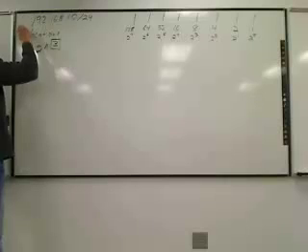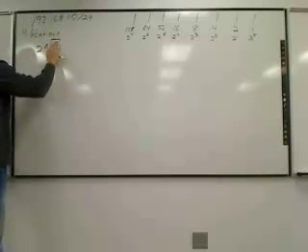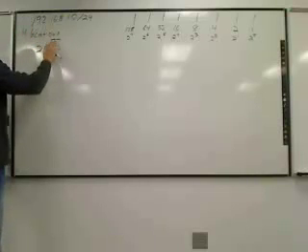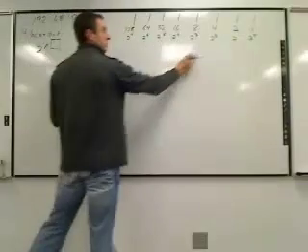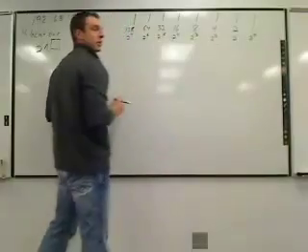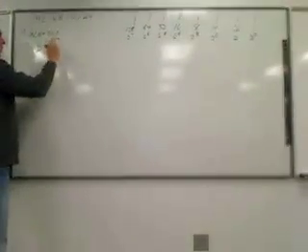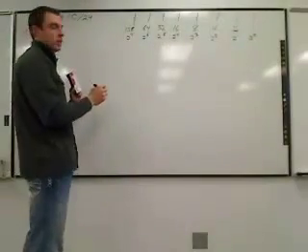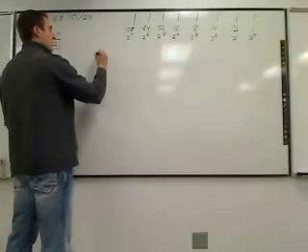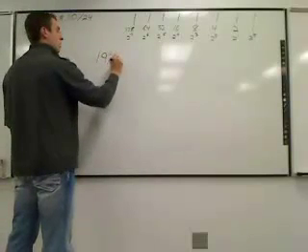I need to ask myself, 2 to what power is going to give me 4 locations? If I take a look at my chart, 2 to the second gives me 4 locations. So what that 2 is telling me is I'm going to have 2 bits on the left-hand side of the line. So draw out your IP address with those bits borrowed.